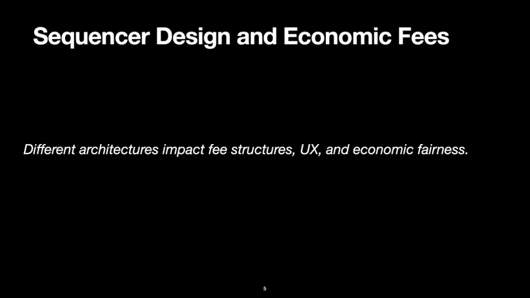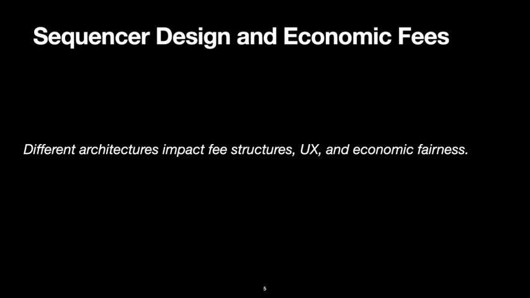And so you want to design the sequencer architecture so that, A, it maximizes liveness, and B, it also enables multiple sequencers to come in, not only for the sake of decentralization, but actually for redundancy. And this is where the economics become very, very important.